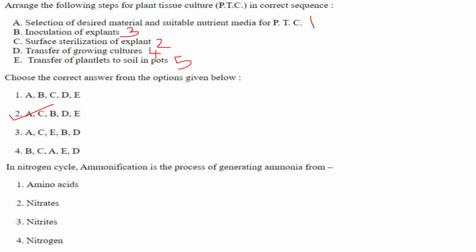What they do is they will convert the amino acids, which have amino groups containing nitrogen, or else they can convert the proteins or nucleic acids, which also harbor nitrogen, to ammonia.